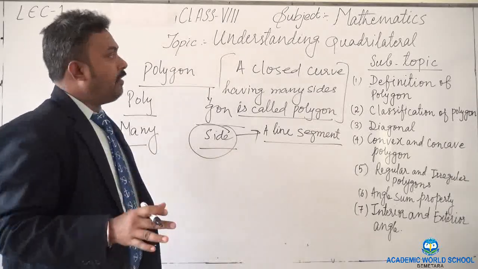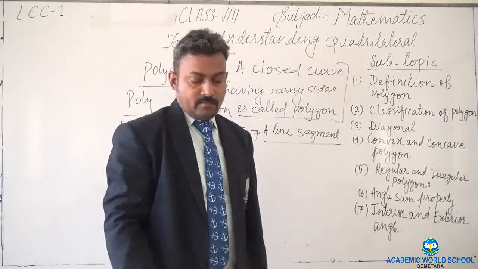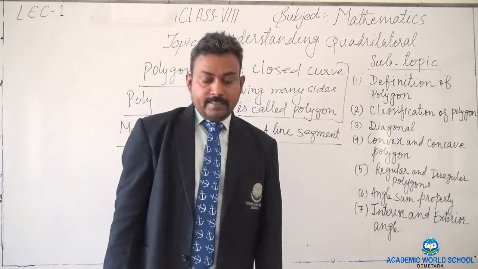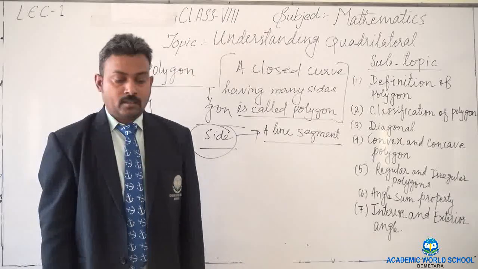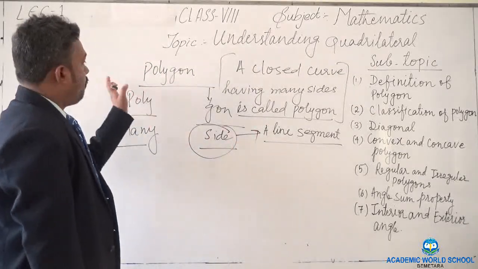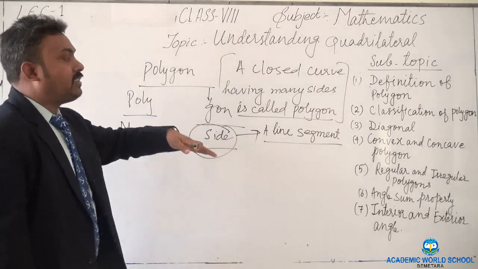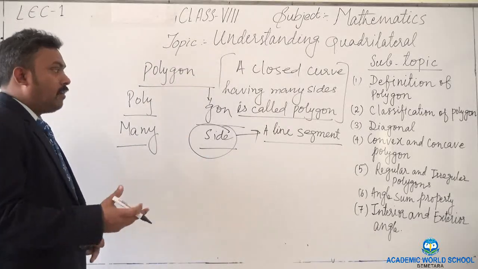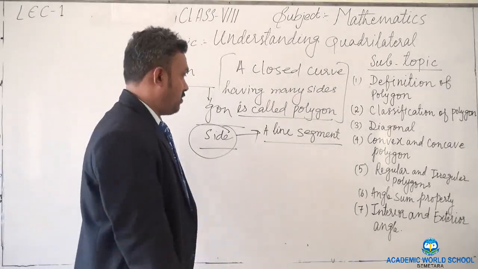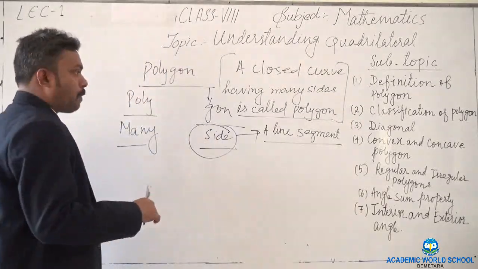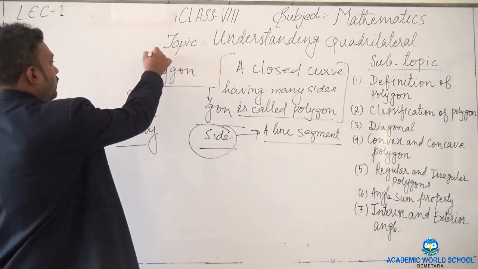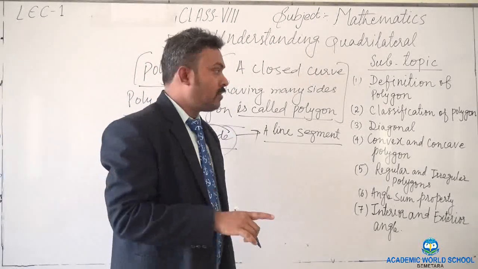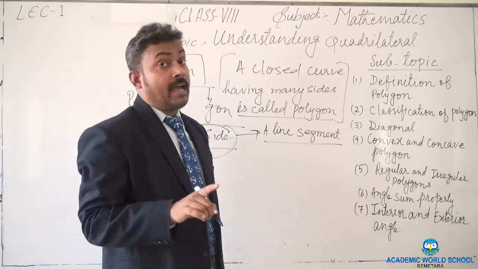And if we categorize polygons, on the basis of their sides, polygons having many sides, closed curve having many sides, or many line segments. So we categorize polygons on the basis of their sides as well as on the basis of their angles.